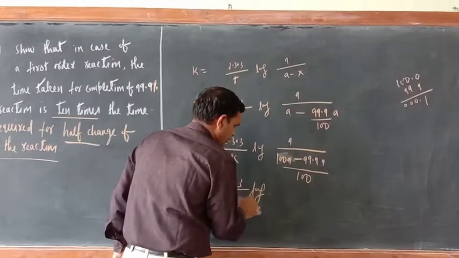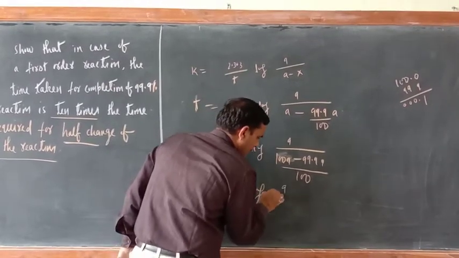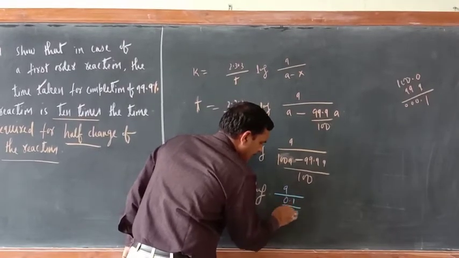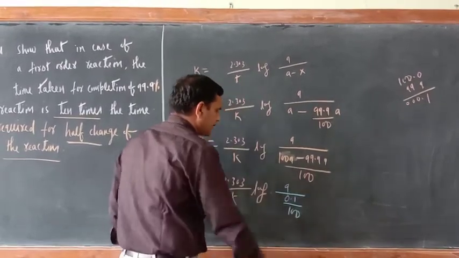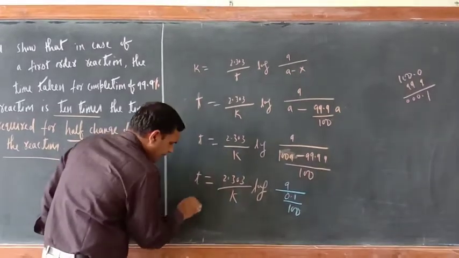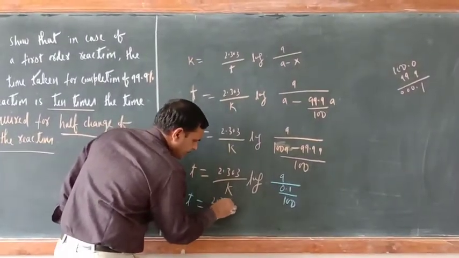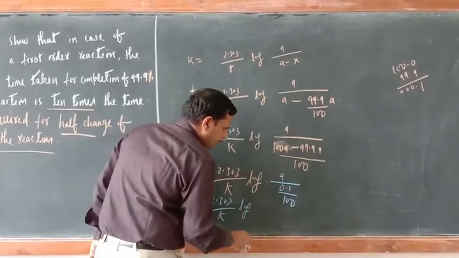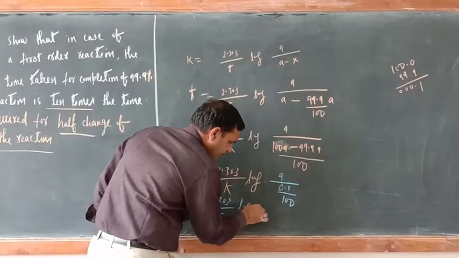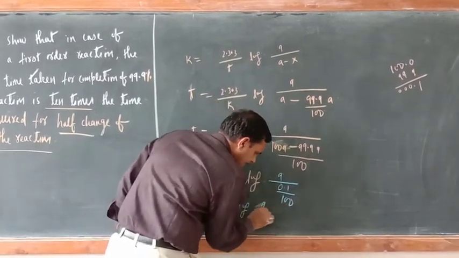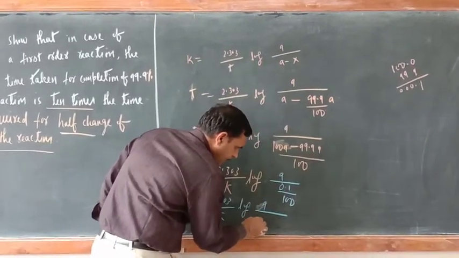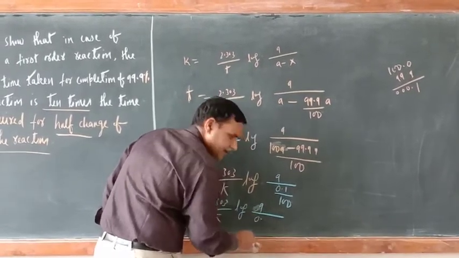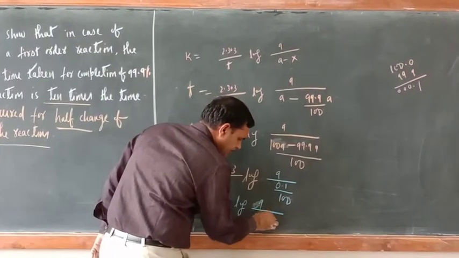So dear cadet, log a by 0.1 by 100. So we can write here t equal to 2.303 by k log, and this would be 0.001.